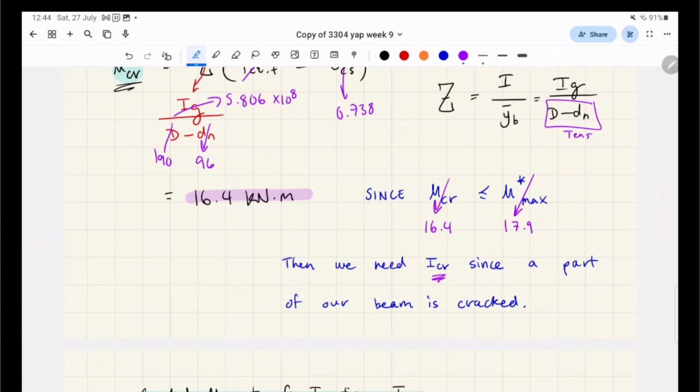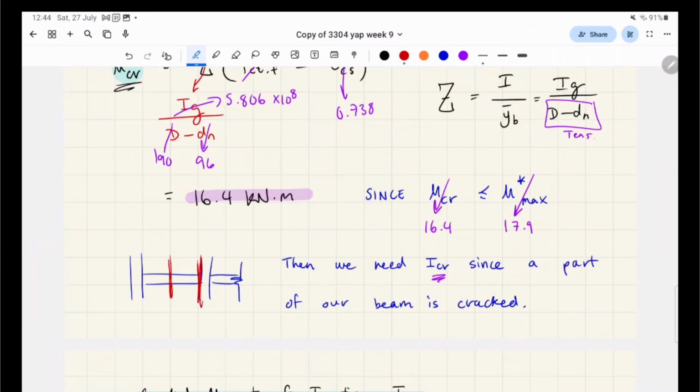And using I cracked, we're going to calculate the effective moment of inertia for those 2 points along the beam. The 2 points I'm talking about are the middle and the continuous span.